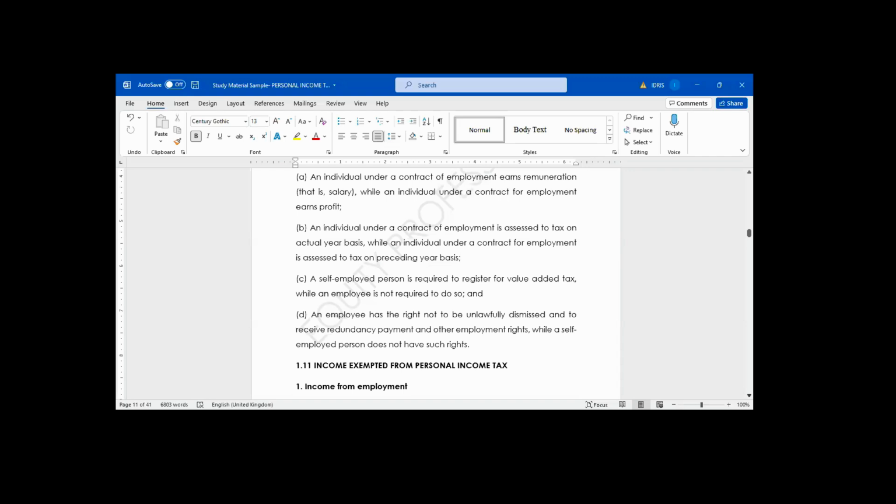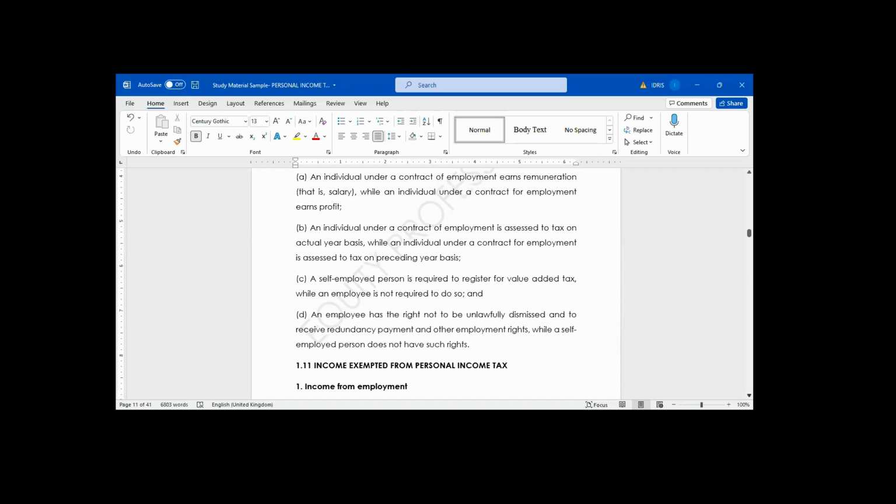Another difference, an employee has a right not to be unlawfully dismissed. In the case of a contract for employment, once you finish rendering the service, the contract terminates.